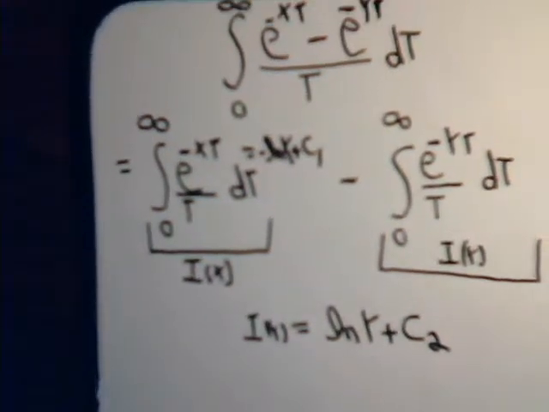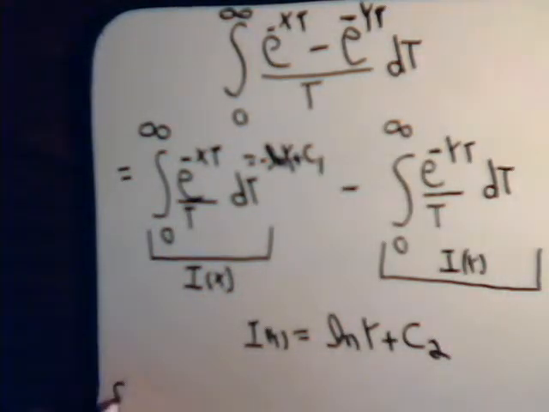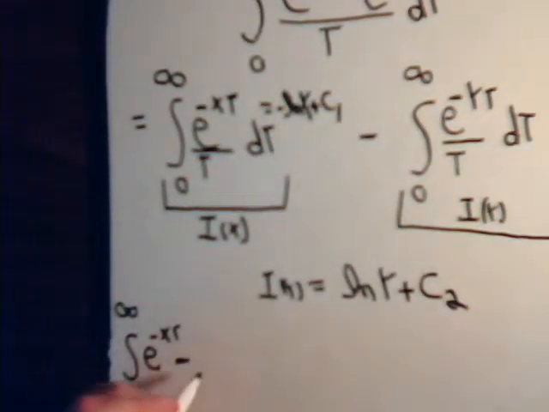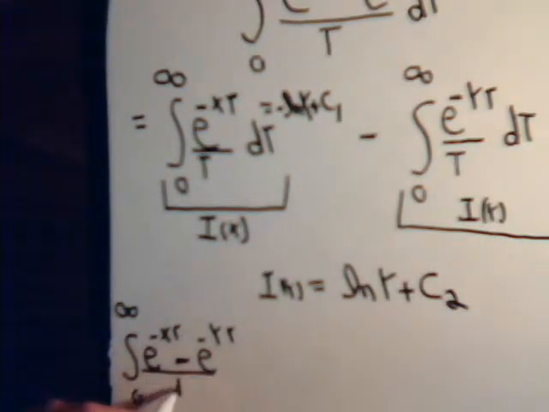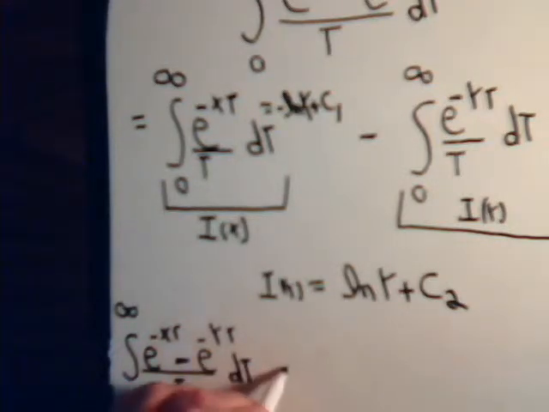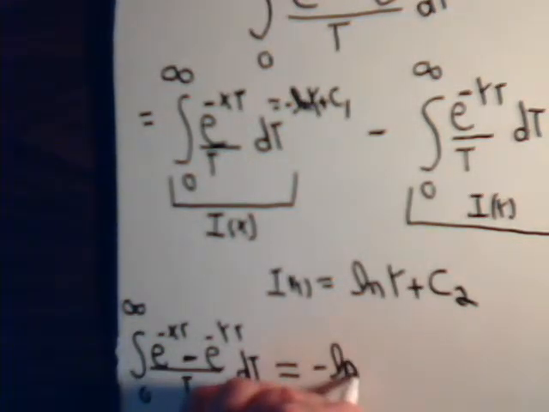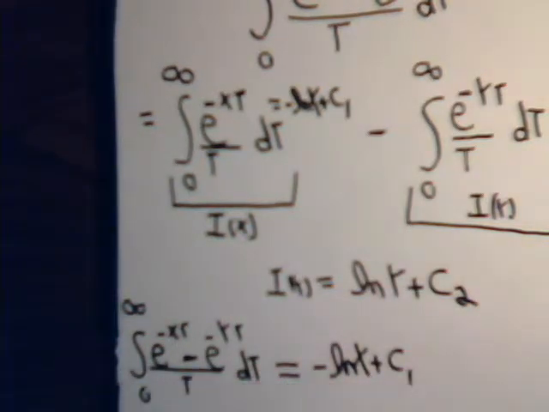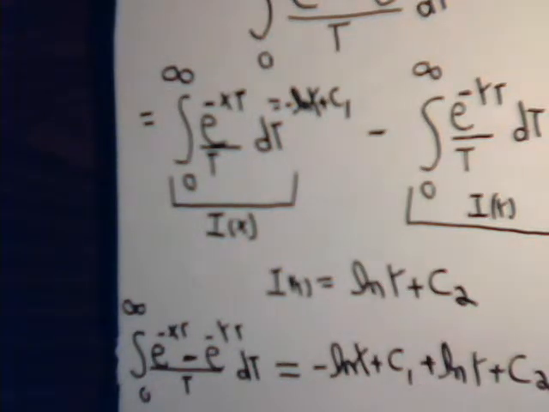So what we have then, going back to our original integral here, e to the minus xt minus e to the minus yt, divided by t, dt equals this: minus the natural log of x plus c1, plus from this integral, which is this, plus the natural log of y plus c2.